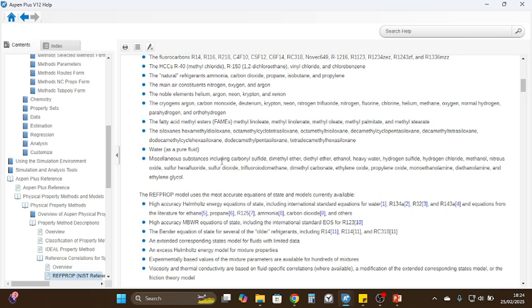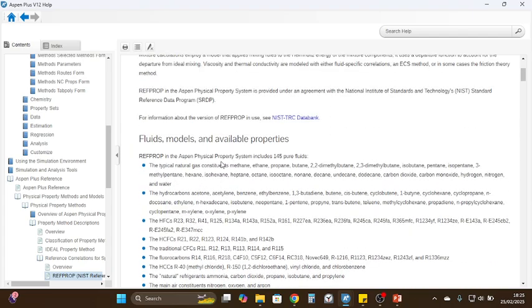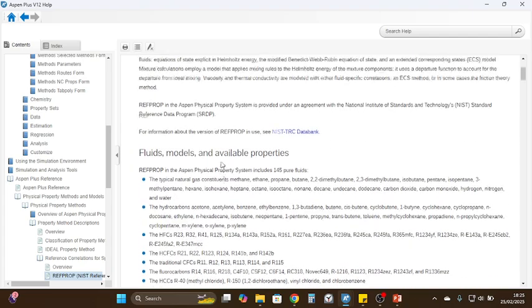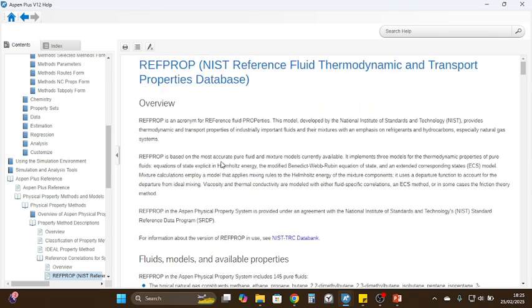Now every thermodynamic property is suitable for particular processes that we are trying to address. But if your process is not a refrigeration process, then why should we use a thermodynamic property that is suitable for a refrigeration process? If your question said that it is a refrigeration process, then you could have used that.